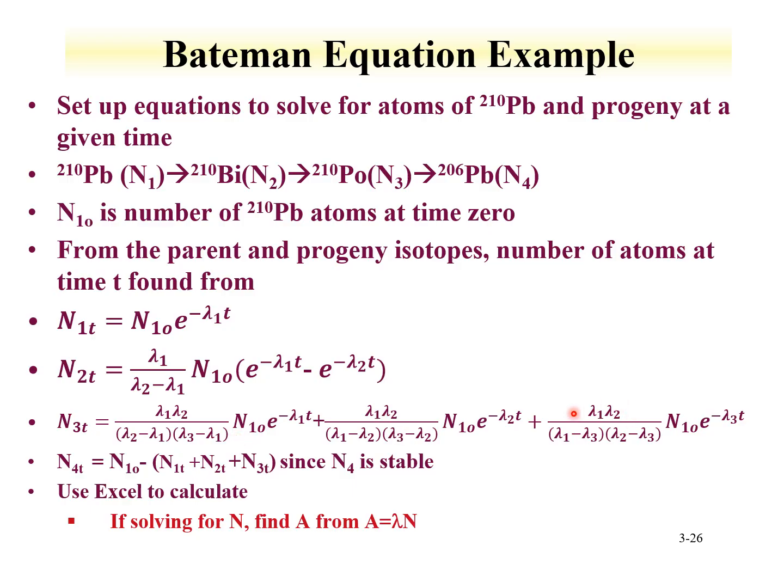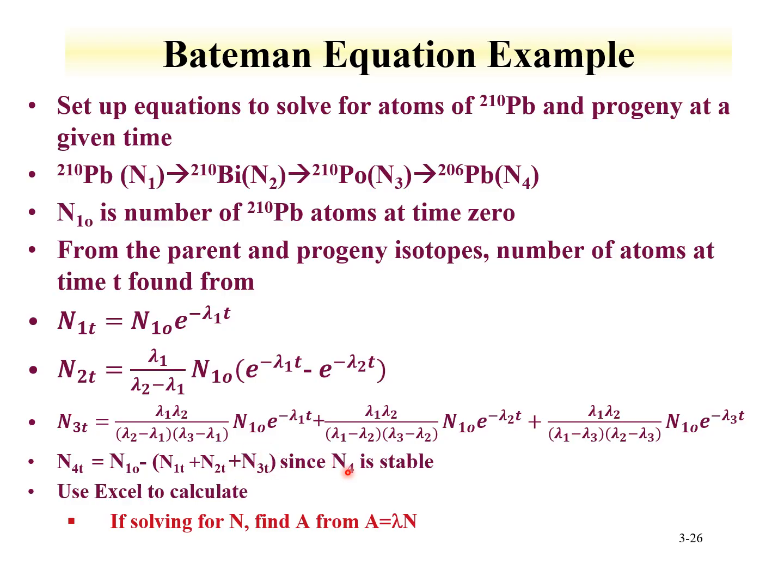For the lead-206, which is stable, we just take the amount of lead-206 from the difference of the initial amount of lead-210 atoms minus the amount of lead-210 atoms at time t plus the amount of bismuth-210 atoms at time t plus the amount of the polonium-210 atoms at time t.